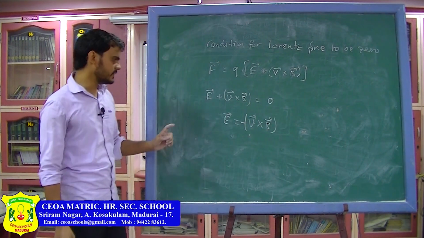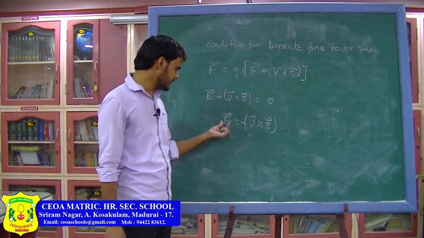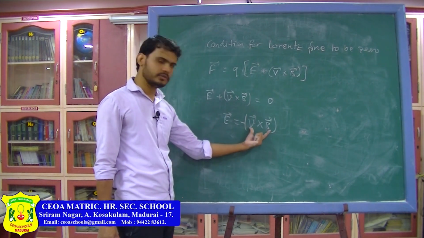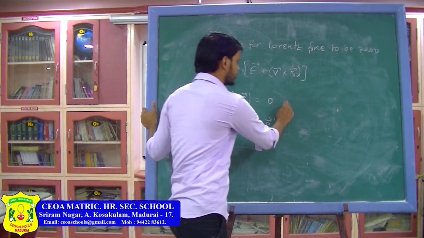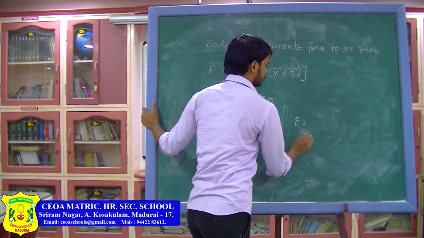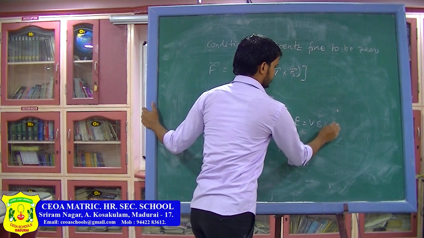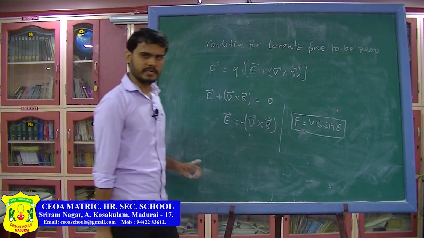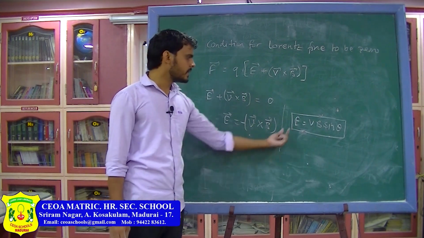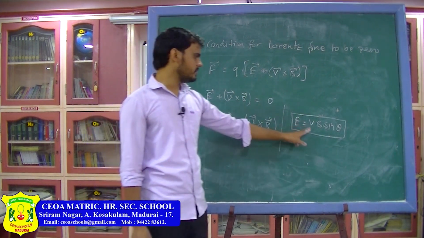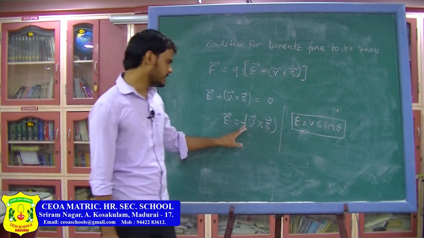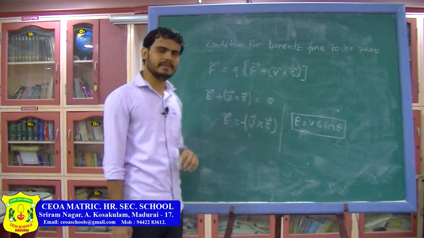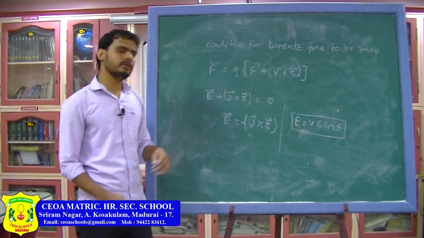So the condition for the Lorentz force to be 0 is that the electric field should be opposite to V cross B. If the electric field is opposite to V cross B and the magnitude of the electric field is VB sin theta, then the Lorentz force will be 0. So the condition is that the magnitude of the electric field should be VB sin theta and the direction of the electric field should be opposite to V cross B. Then the total Lorentz force on the particle will be 0 and the particle will move in a straight line.